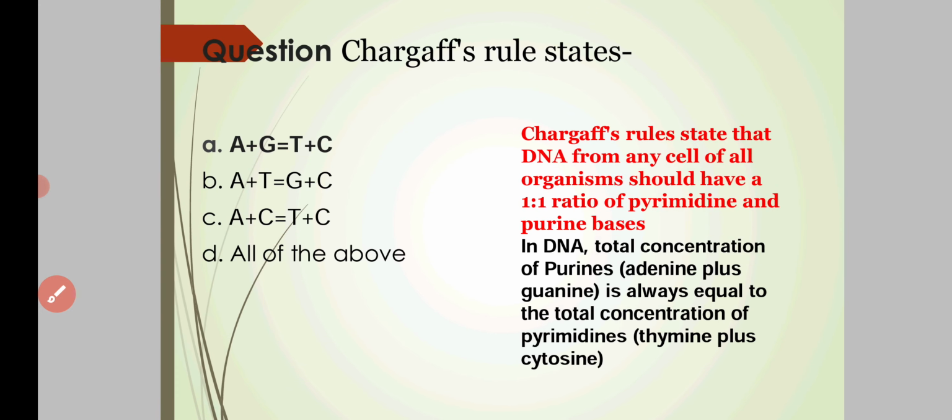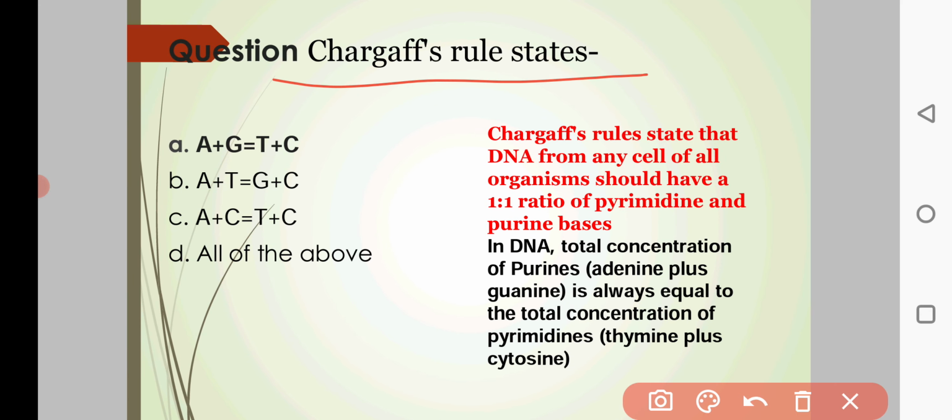So second question is Chargaff rule states. First option is adenine plus guanine always equal to thymine plus cytosine. Second option is adenine plus thymine always equal to guanine plus cytosine. Third is adenine plus cytosine always equal to thymine plus cytosine, or all of the above.